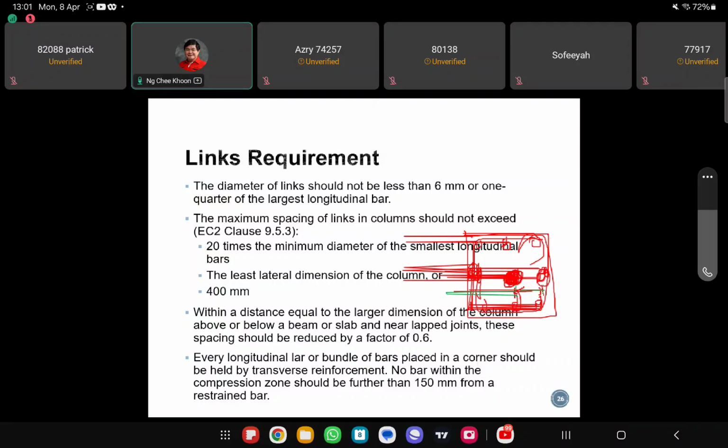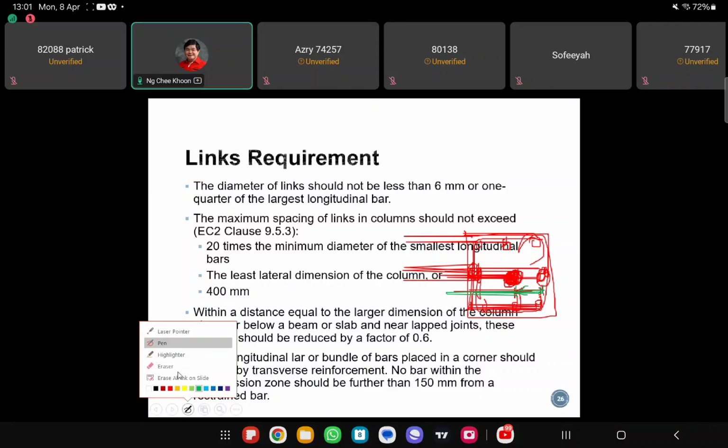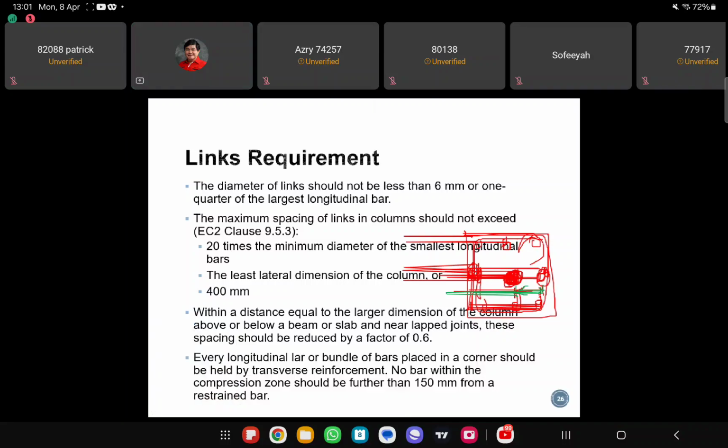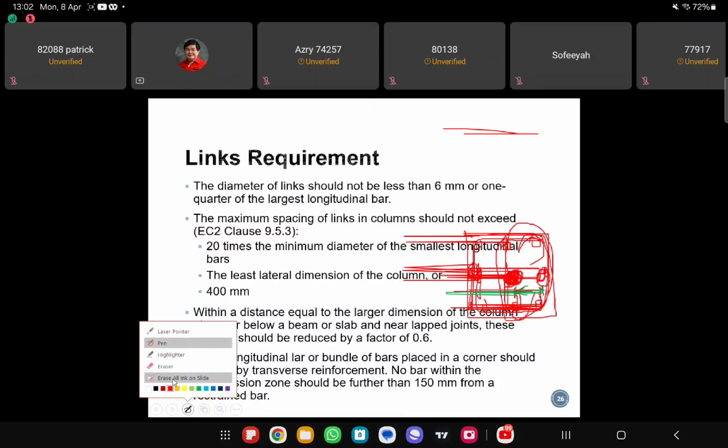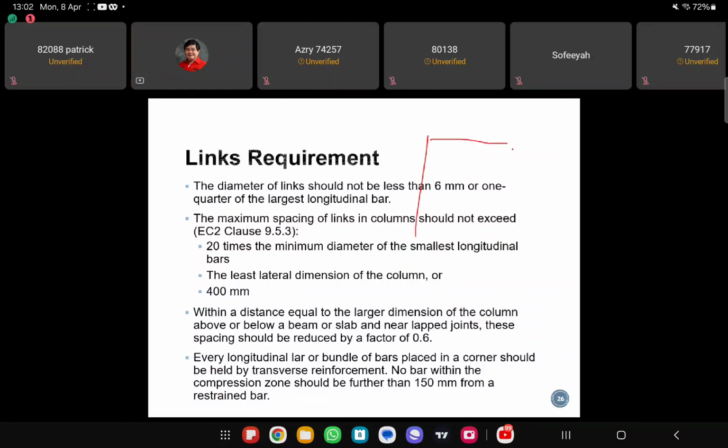So if this distance is more than 150, okay, then you need to provide a link which will go through this bar also and this bar also. Okay, so probably you need to adjust your link so that you go through all the bars.